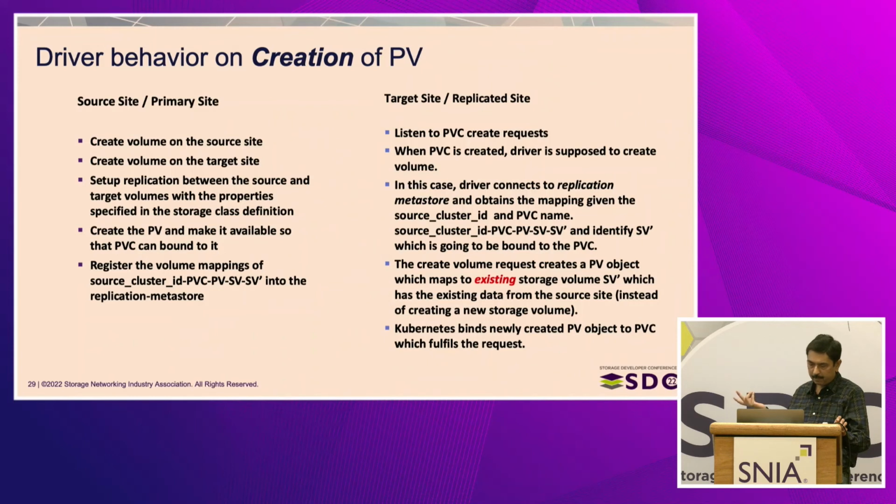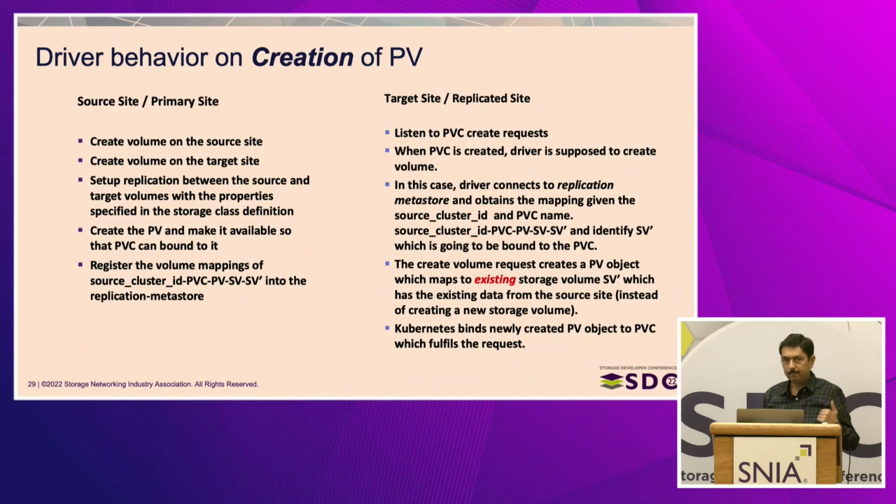So when you deploy the code, you will have the PVC request coming in for the driver. The driver will look at this and say, okay, my role is target, right? And because my role is target, my first job is to get to the replication metastore and get the mapping. So I get the mapping of source cluster, PVC, PV, and SV and SV dash.